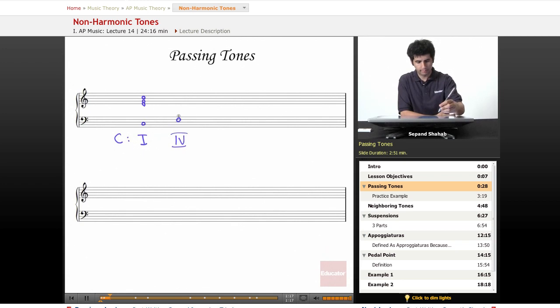So we've got an F in the bass, and then we've got, wait, that's not going to work, is it? Let's see. C, F, A. Okay, so actually, I'm going to have to write a third chord after this. What about a two chord?